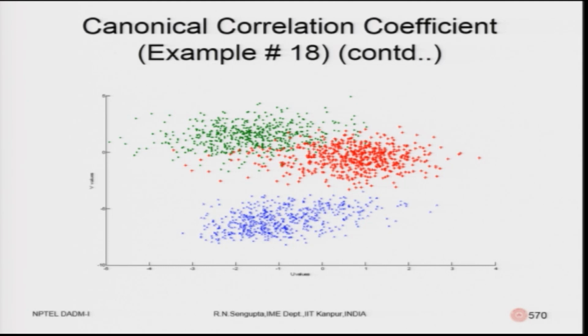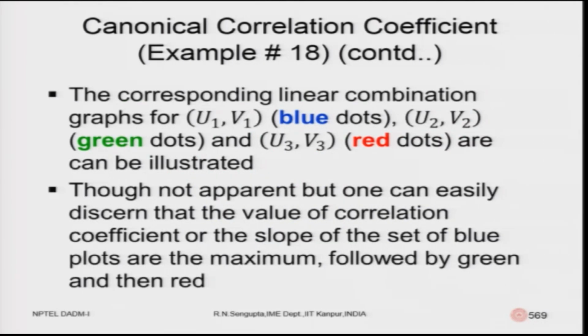If you see the correlation for the red one and the green one, they are almost tending towards 0, while the blue one is positive. And if you note down, I am going back to the slides. You see the blue, green and the red are in the order where blue has the highest, green second and the red the third. So, that means u1 v1, u2 v2, u3 v3.